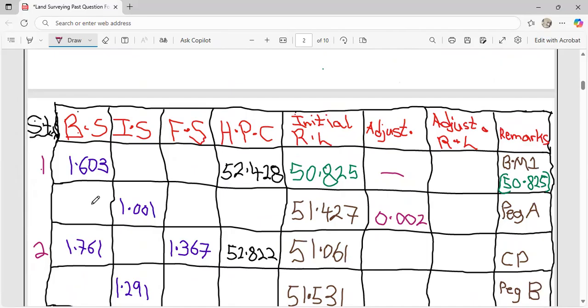After the first instrument setup, you realize that 2 readings were taken. When the instrument was set up over here, they took a back site and an intermediate site, even before a next instrument setup. So it means that we are going to record this adjustment twice. So this here is also going to be 0.002.